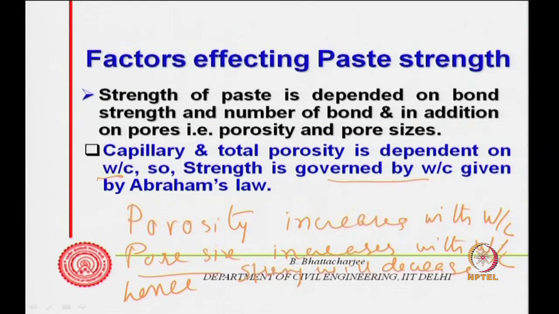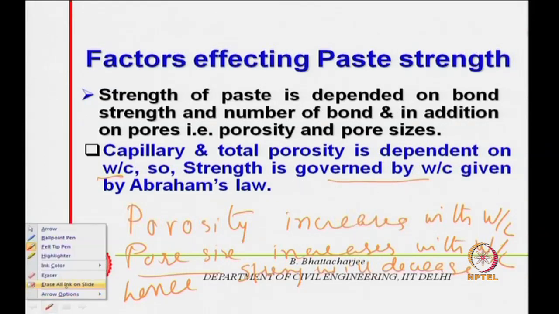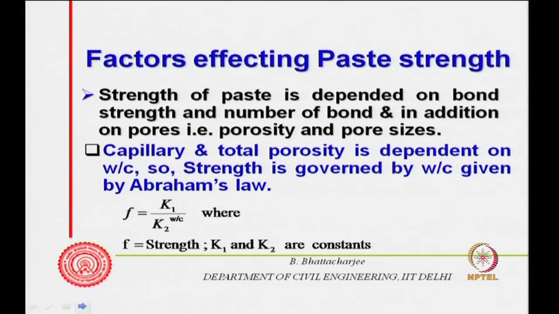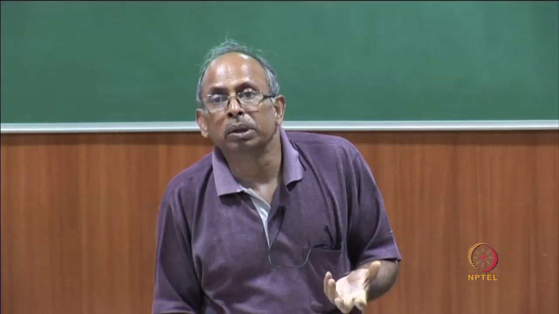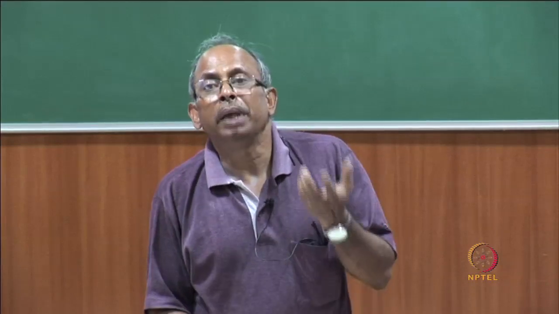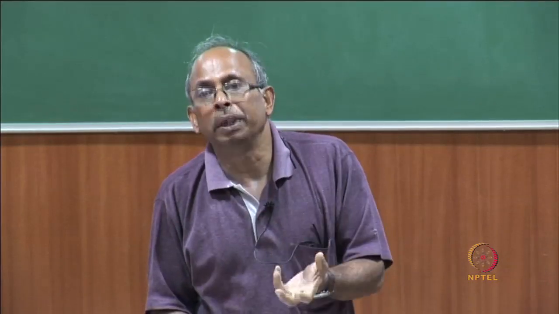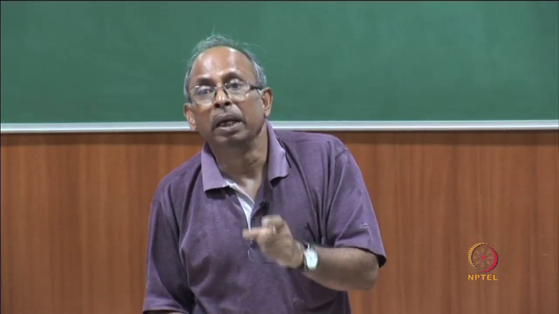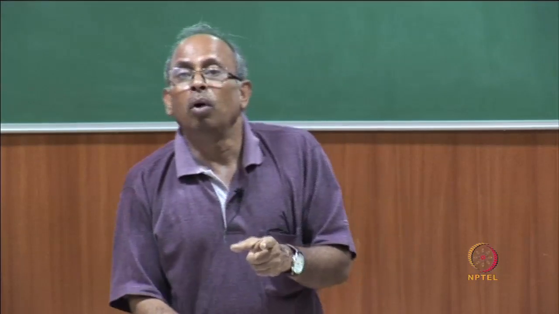So, strength is governed by water cement ratio, that is what is given by Abraham's law, and Abraham's law is something like this. Strength is inversely a function of, it reduces with, water cement ratio. These are two constants. Why does it reduce with water cement ratio? Because with higher water cement ratio, my porosity will increase and my mean distribution radius will also increase, and we have seen that strength is a function of porosity.